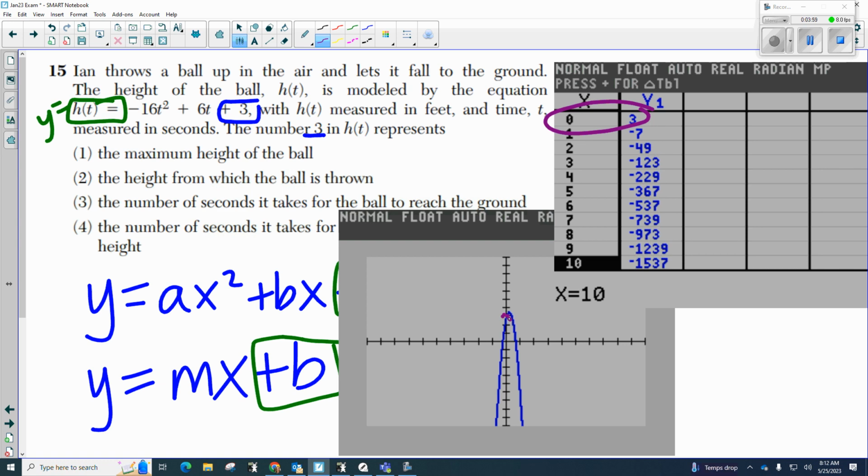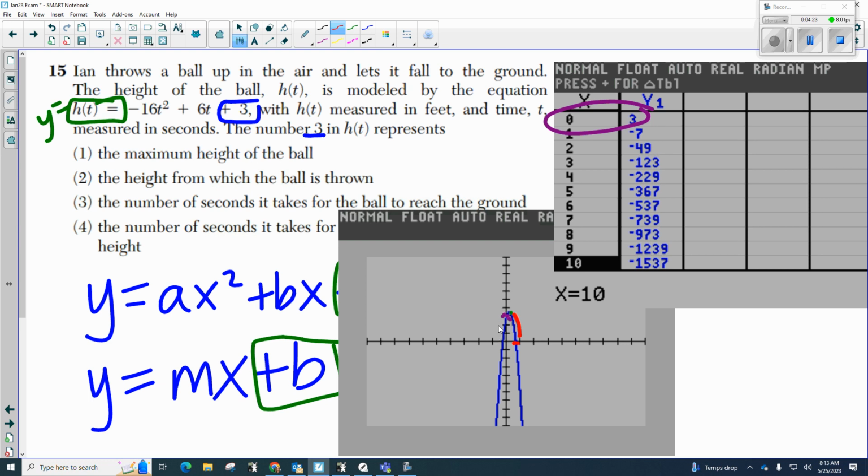Okay, and then we can't really see the other spots, but here would be where the ball goes up and gets to this high point, and then the ball starts coming down, and here it hits the ground. And I know it's kind of hard to see because the graph is so small, but is 3 the maximum height of the ball, which would be up here?